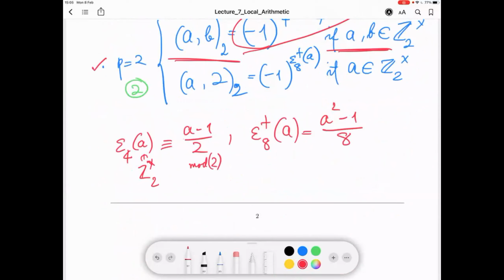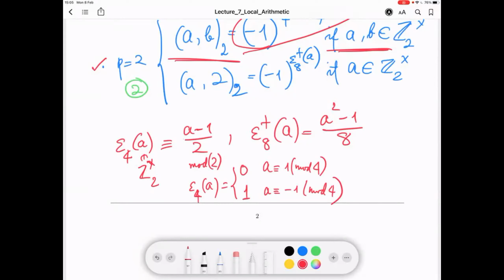So it's 0 or 1, and it's 0 if A is congruent to 1 mod 4, and it's congruent to 1 mod 2 if A is congruent to -1 mod 4.